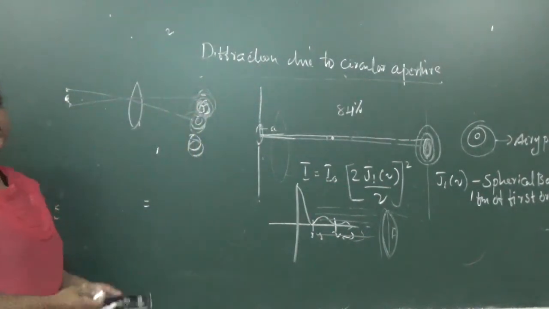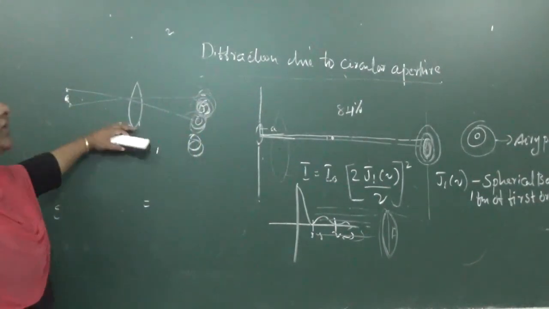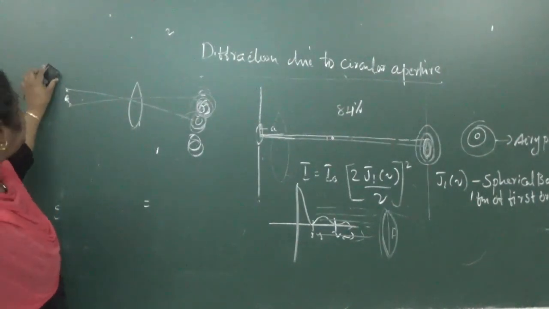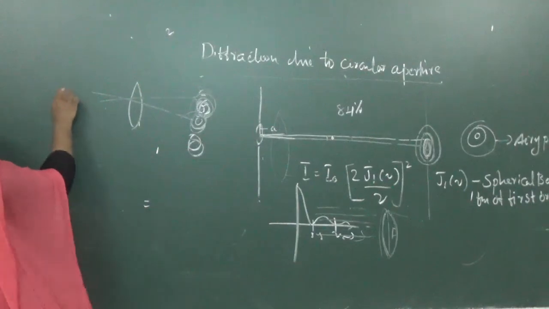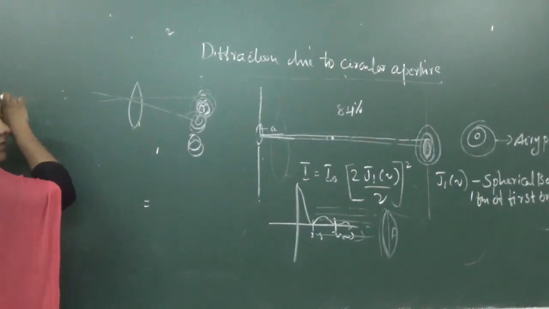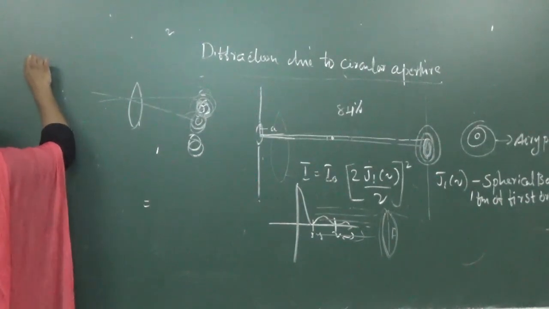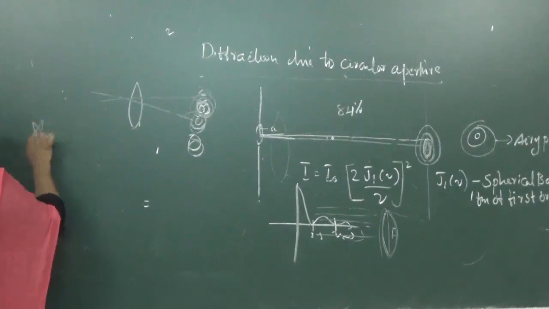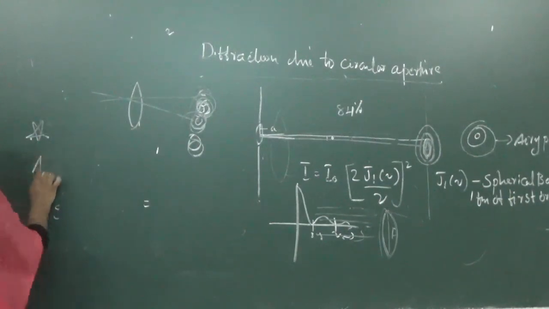play a role in the resolving power of the optical instruments. That we will discuss in the next class. We will discuss the limit of resolution. So we have to find out what is the minimum distance, or if you are using a telescope, what will be the minimum angular separation. That means in the case of telescopes we are watching some stars, say the stars are here.